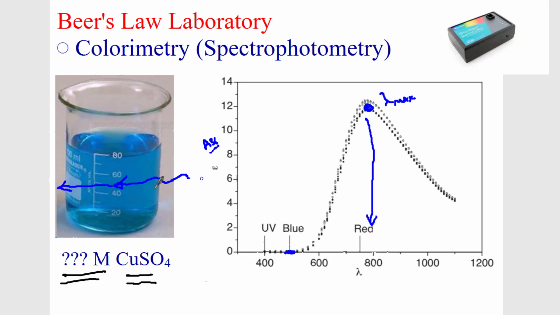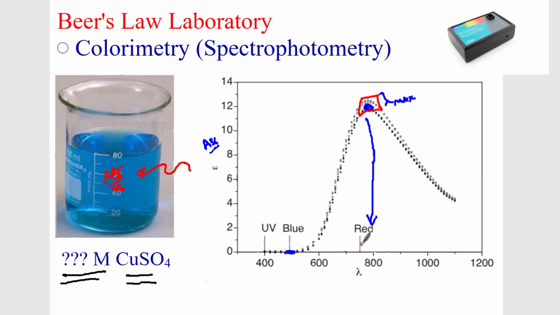It's like a clear solution shooting it with clear white light. It can't detect it. But when we shoot this with a photon of red light, guess what? This can get absorbed by the particles in the solution. And the more particles in the solution, aka more concentrated, the more it will absorb this red light.